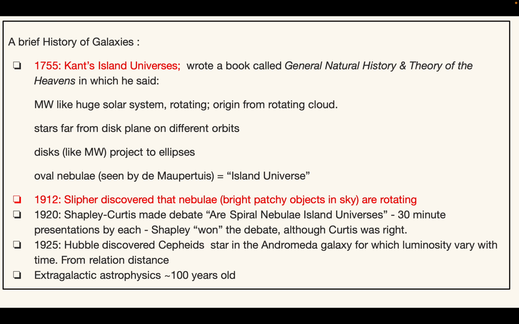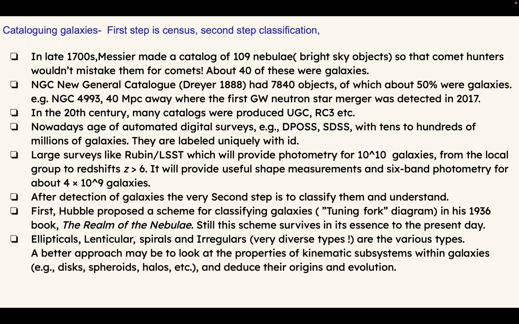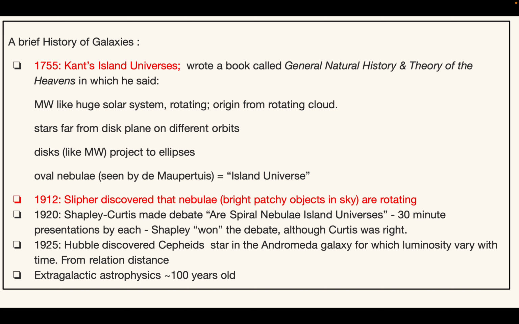Here is a brief history of extragalactic astronomy that I will discuss now, and then I will discuss what galaxies are. Extragalactic astronomy started, not in that name, in 1755 when Kant gave the idea of island universes.